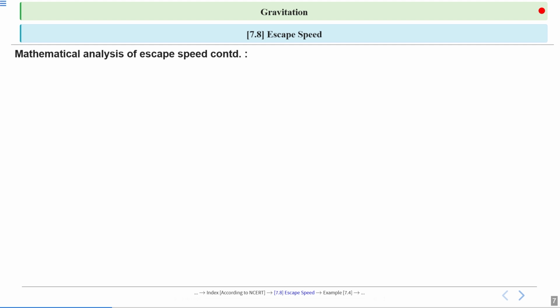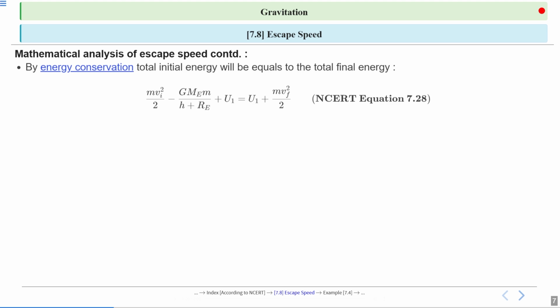So let's continue with the mathematical analysis of escape speed. The principle of energy conservation. Here the total initial energy of an object is equal to its total final energy, and the expression is m vi square by 2 minus G me m divided by (h plus re) plus U1 is equal to U1 plus m vf square by 2.